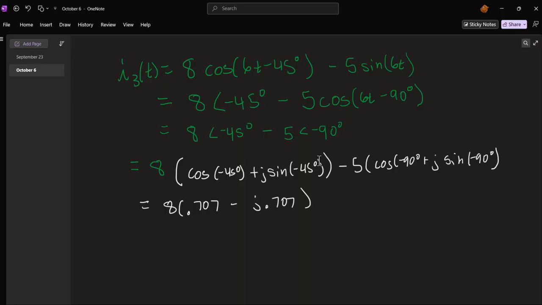So impedance will be of the form A plus jB, so I'll have a real part and an imaginary part.